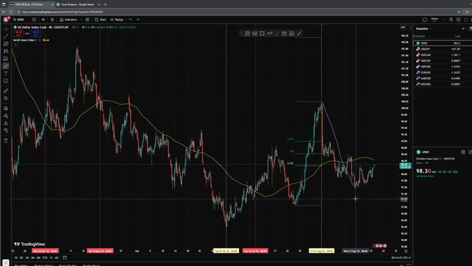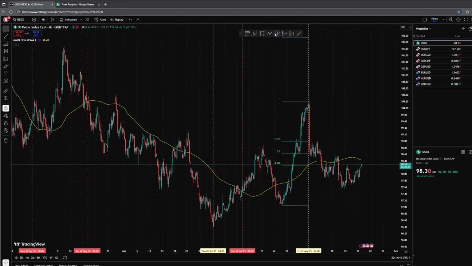So one thing I want to mention is that when the price action is hanging out very closely to the yellow moving average line, that means the overall trend is still up, but the trend is weak. It's not really a strong trend.